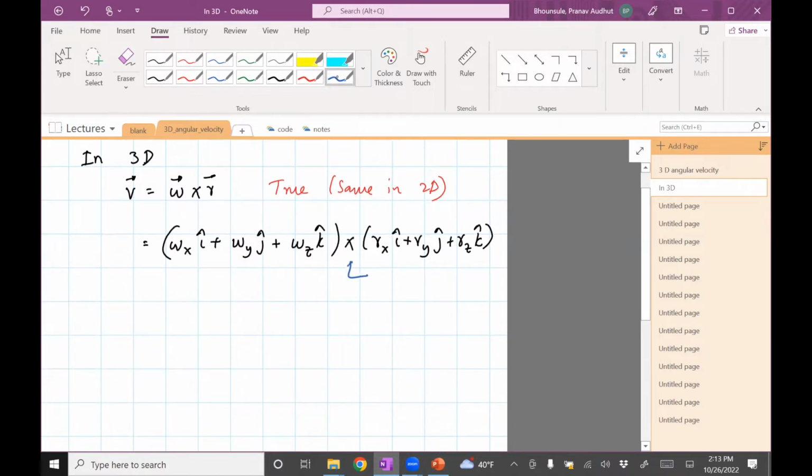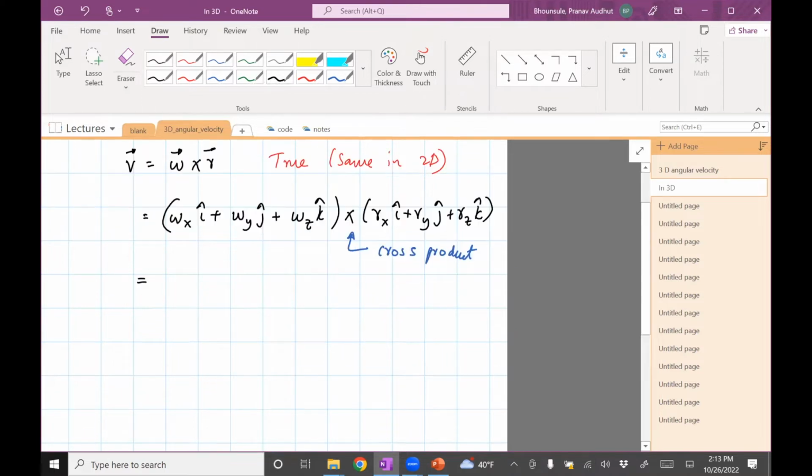And this is the cross product. I'm pretty sure you can symbolically compute this using SymPy. However, I'll show you that you don't really need the cross product. You can actually write that in terms of a matrix, and that's going to be a useful thing for us eventually.